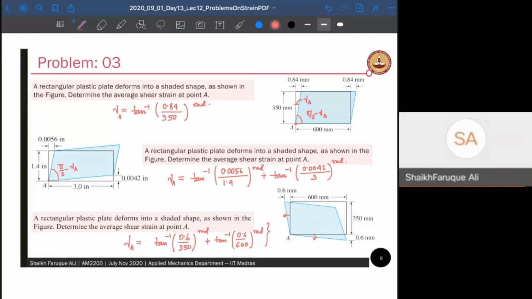And overall, it will be negative because the angle has increased on both sides.